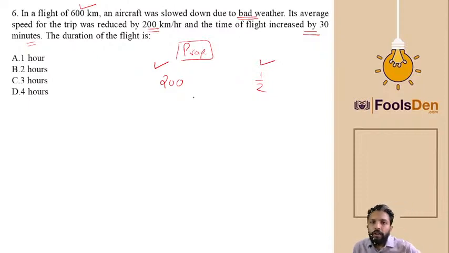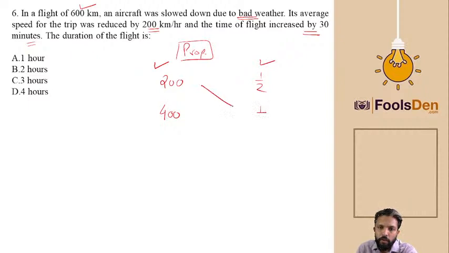Now, in the proportionate method, you will increase both sides, left hand side and right hand side, by the same proportion. If the speed reduces by 200, it will take 30 minutes, that's half an hour. So with the same proportion, if it changes by 400, it will cover 1 hour.